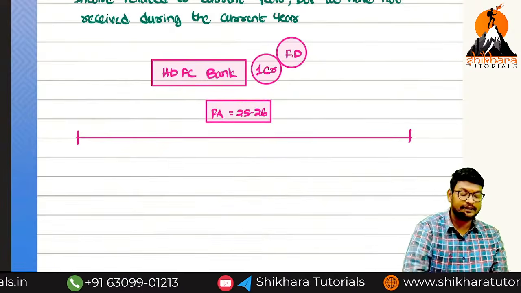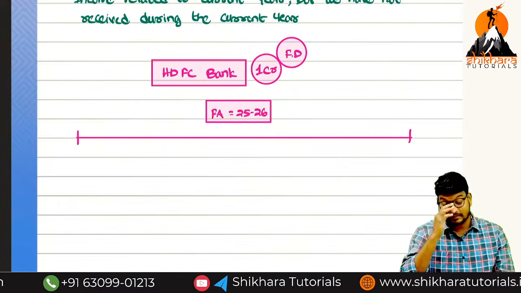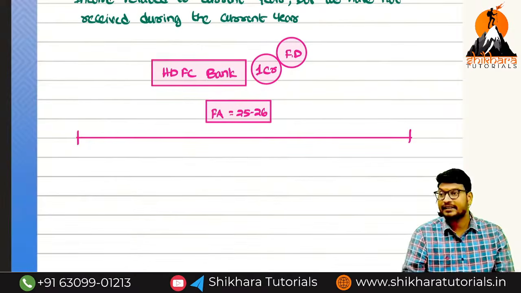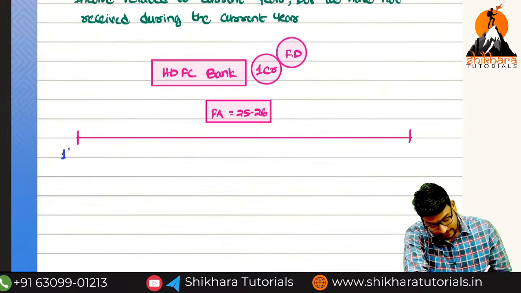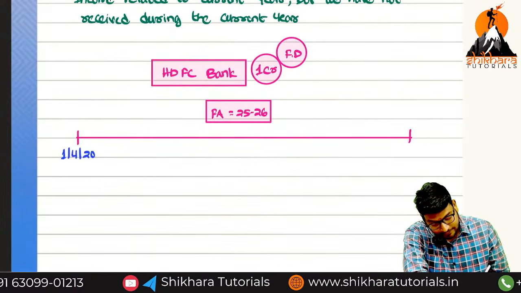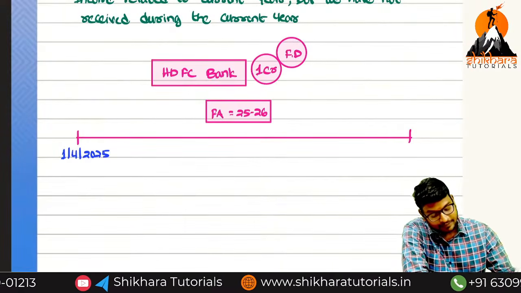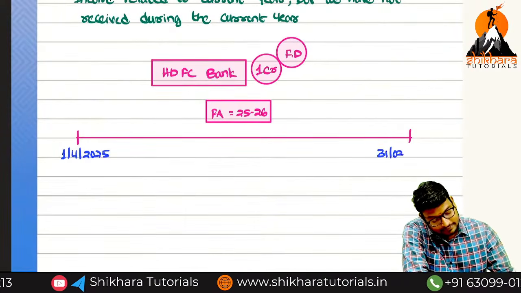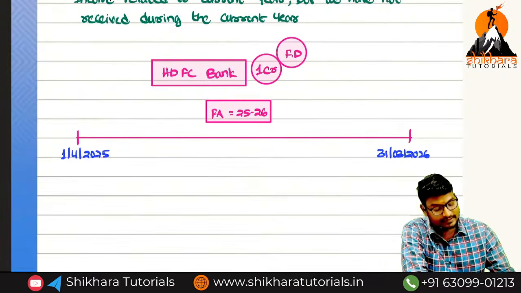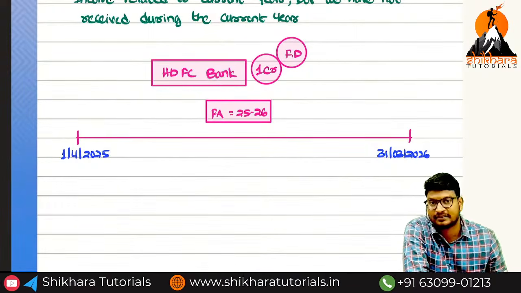If the financial year is 25-26, what is the starting date? 1st April 2025. And the ending date of the financial year? 31st March 2026.